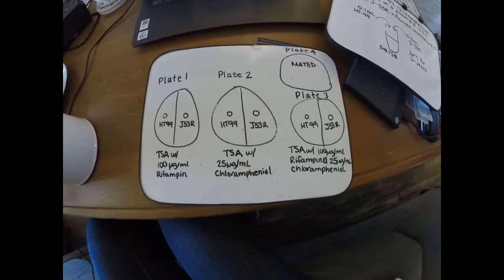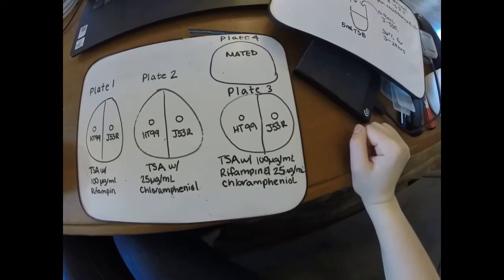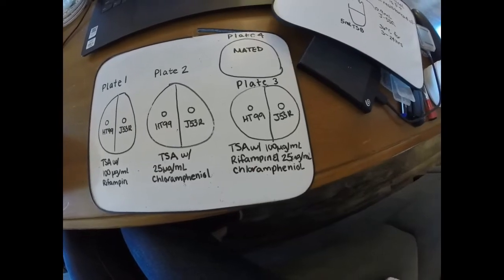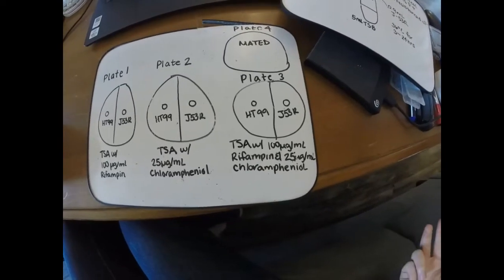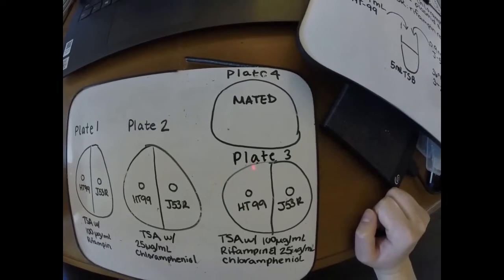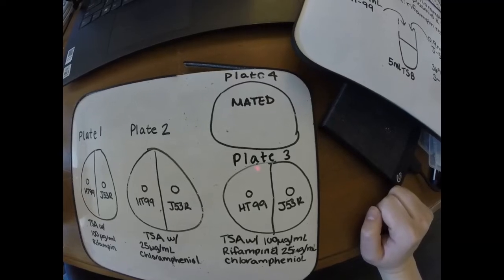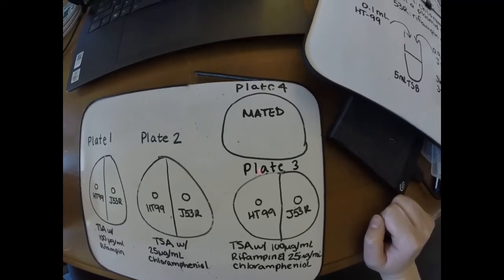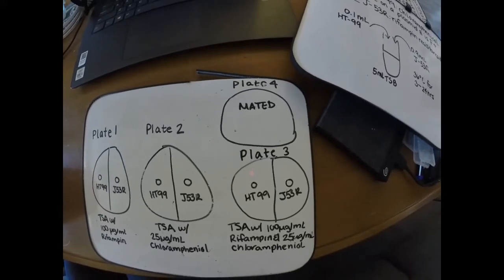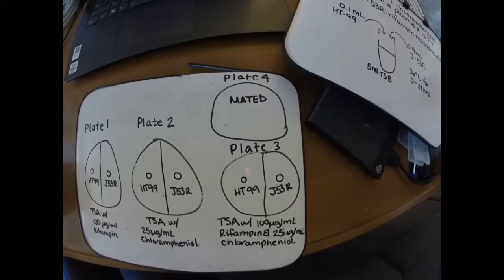So think about what antibiotic is on there, and if it's both, does it have resistance to one antibiotic or does it have resistance to both antibiotics? And if they've mated, what genes have they shared, right? So has it shared the gene for antibiotic resistance? Well, if they've mated, hopefully so. So hopefully thinking about it this way and seeing these pictures will help you in terms of answering your questions.